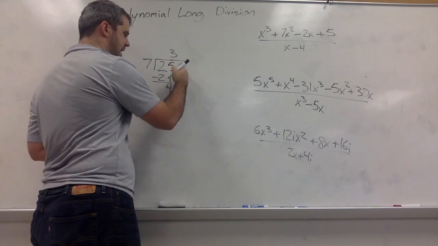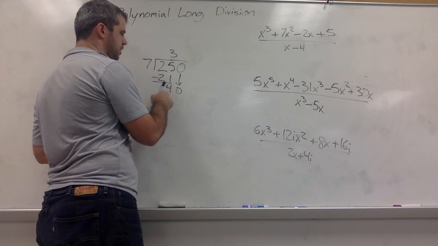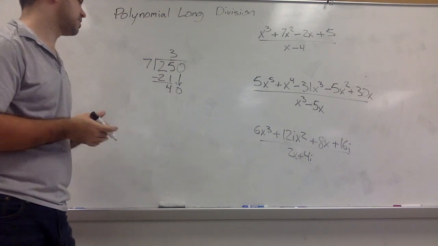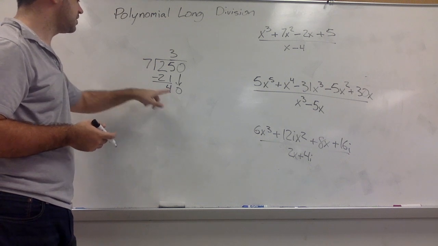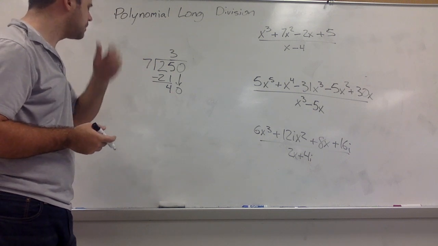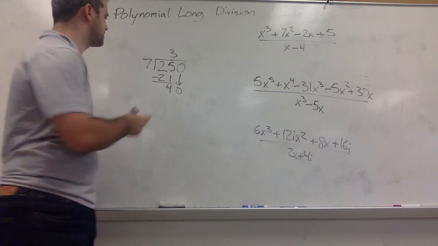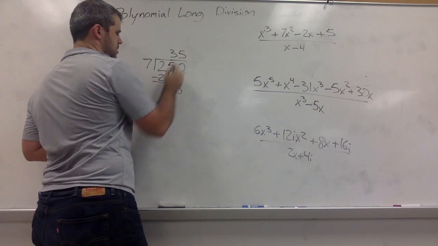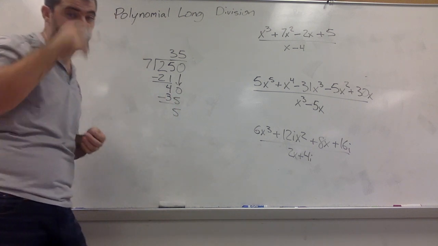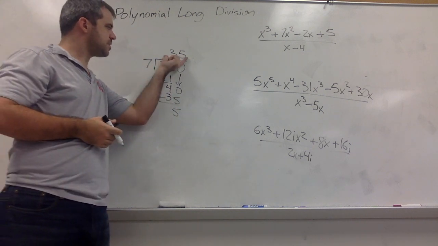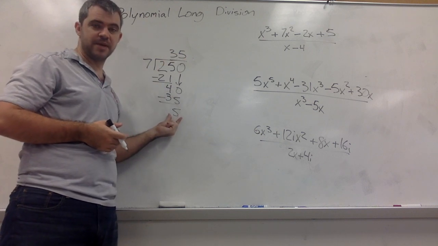We'll do 40 plus 0, basically. And then 7 goes into 40 how many times? I think it's 5 times. So we get 35 and 5 left over. So this is our quotient and this is our remainder.